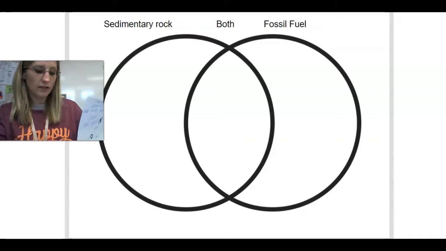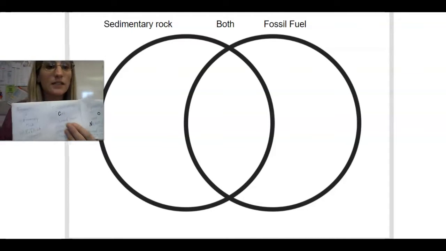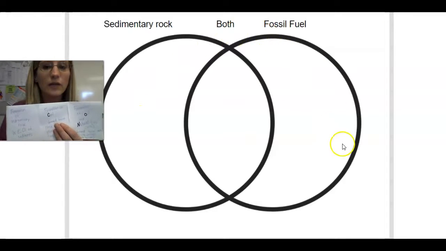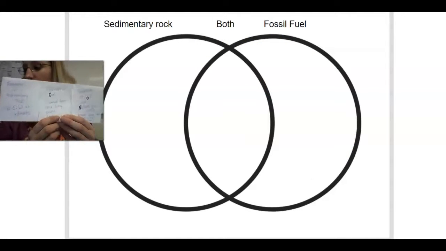Let's see, how else are they the same? How else are they different? That's the big thing. The big thing is that this is made out of sedimentary rock and this is made out of organic matter. That's the big difference between fossil fuels and sedimentary rock.